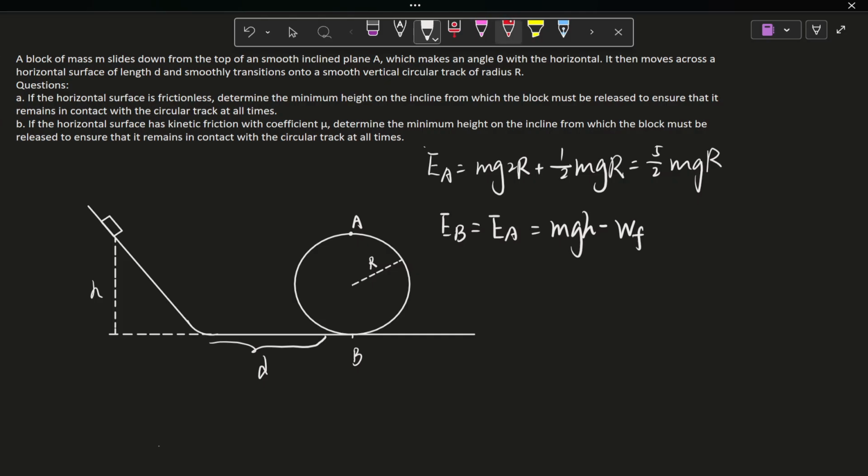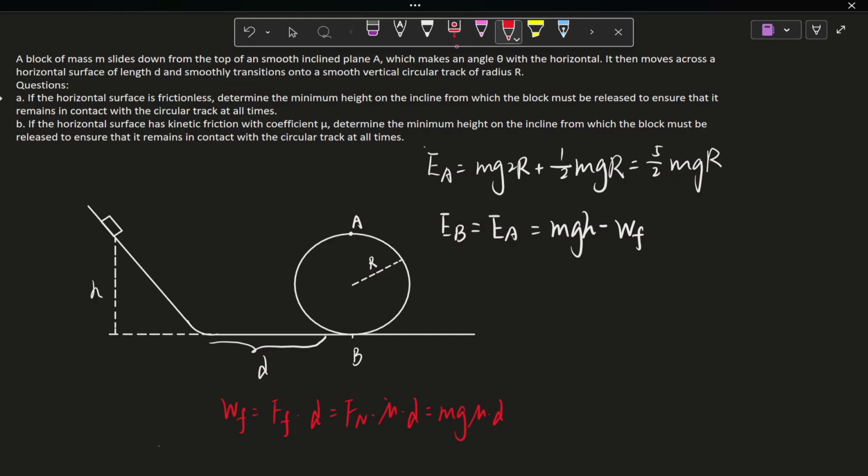The work done by friction here will just be the friction force times d, and it's equal to Fn times mu times d. And since it's a horizontal surface, the normal force will just equal mg. So the work done by the friction force will just be mg mu times d.